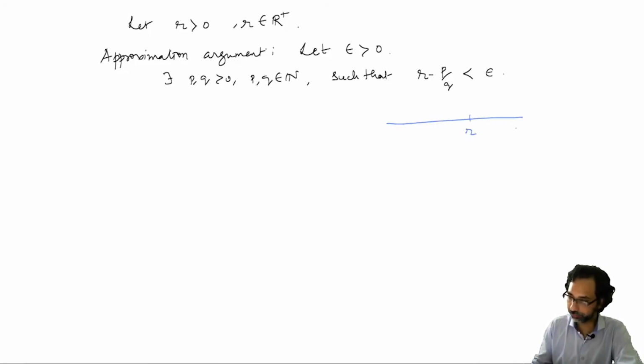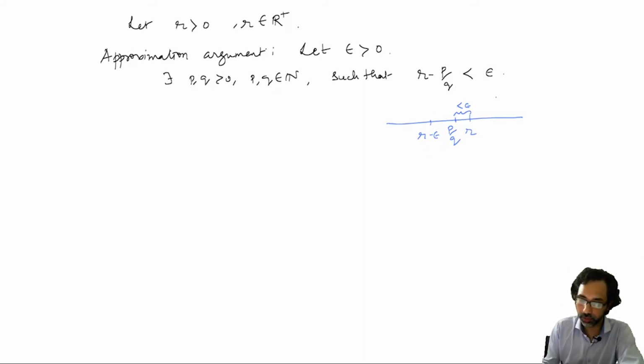So this is our number r, and here we are choosing p by q, and this distance is less than epsilon. So we can do this for any arbitrary epsilon because of the density of rational numbers in R.